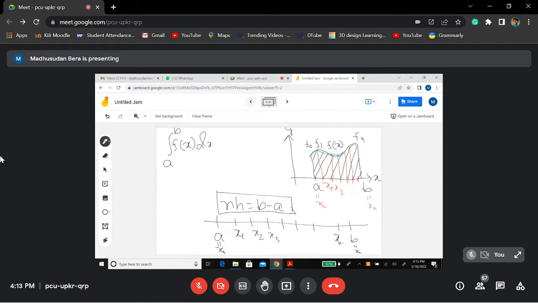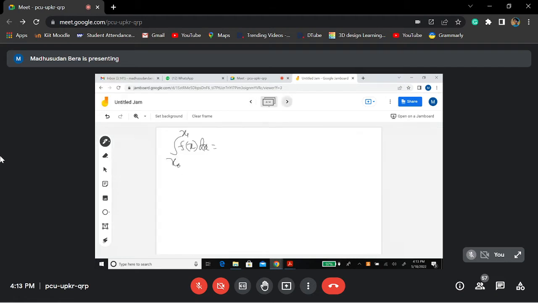What is the area of a trapezium? Half into the sum of the parallel sides. The parallel sides are the heights f0 and f1. So half into f0 plus f1 into h. That is the area in the interval x0 to x1. Is that okay? Yes, sir. Then what will be from x1 to x2?